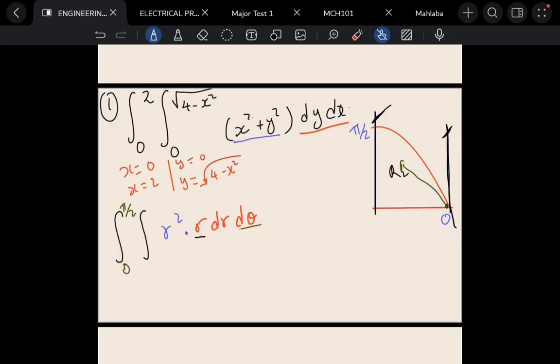And your r starts at the origin and goes to the outermost function, which is 0 to 2. The last integral always resembles r.